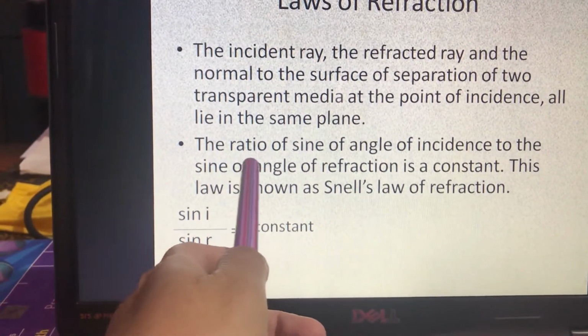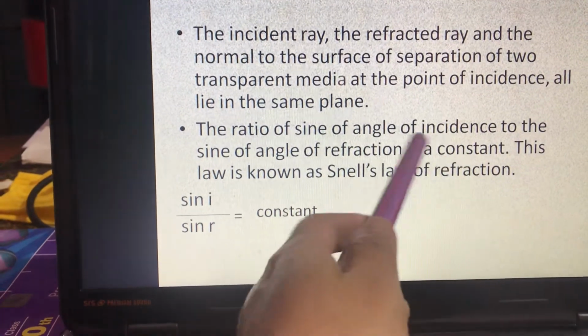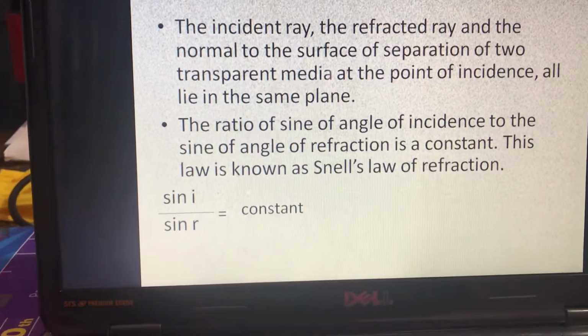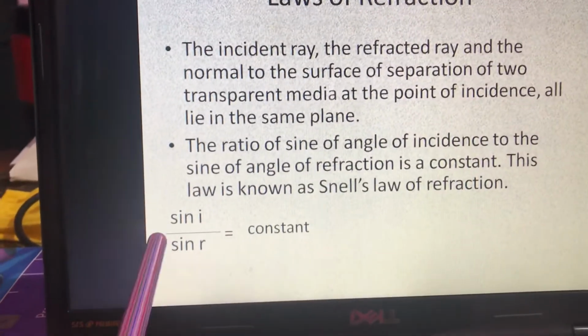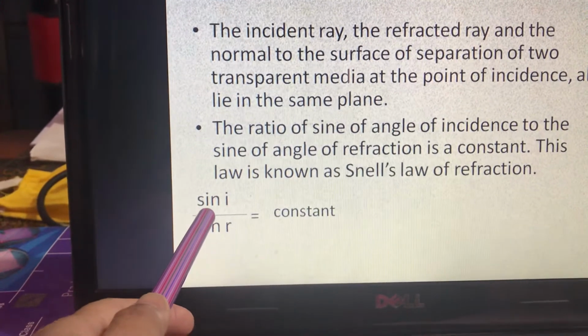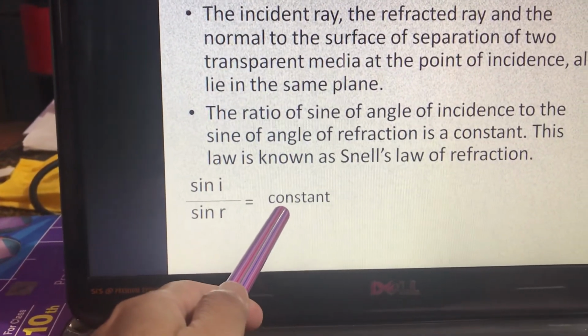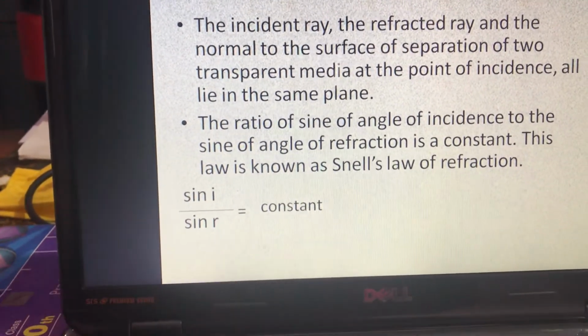The second law: the ratio of sine of angle of incidence to the sine of angle of refraction is a constant. You know what is sine of an angle? So the ratio sin i upon sin r is a constant value. This is known as Snell's law of refraction.